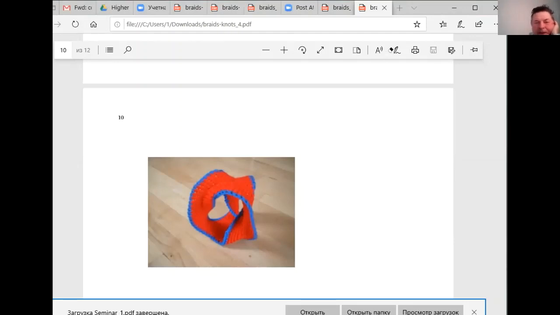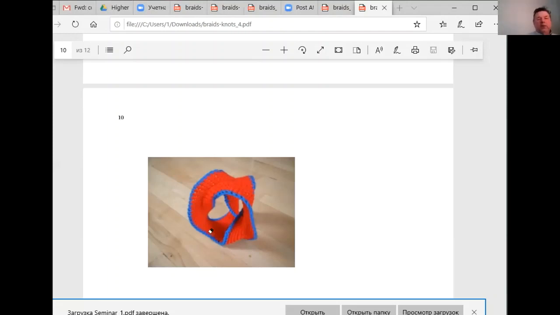So did you understand the idea in this picture? The idea is the following. We take the boundary as a knot. So you have a surface.